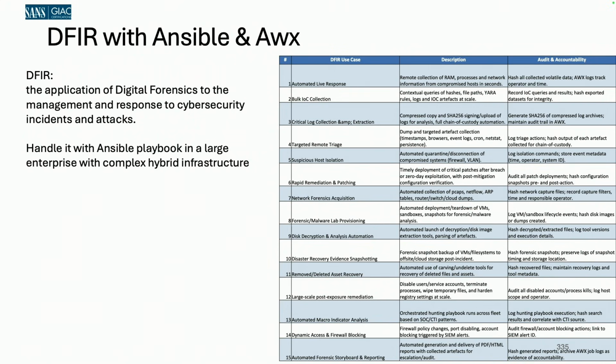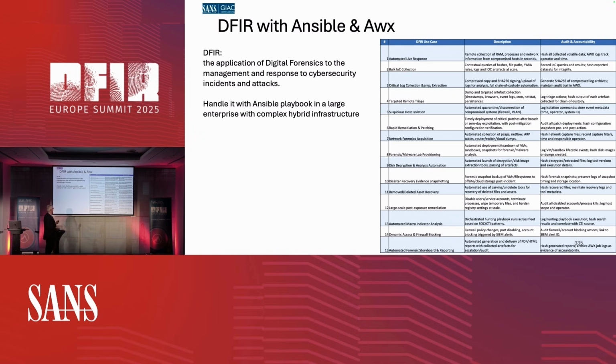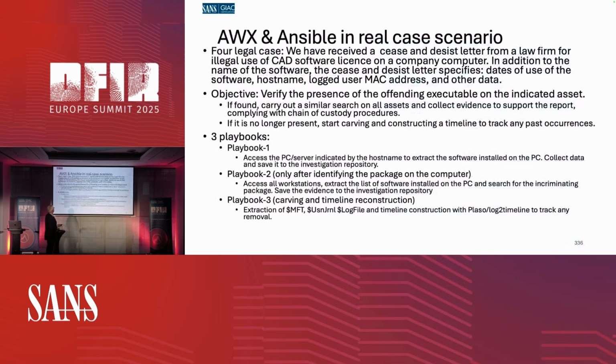You need to do that, or critical log collection and extraction, or bulk IOC collection. You write that and you run it on your asset inventory. Some of these are present on the GitHub repository of the community you have seen before.